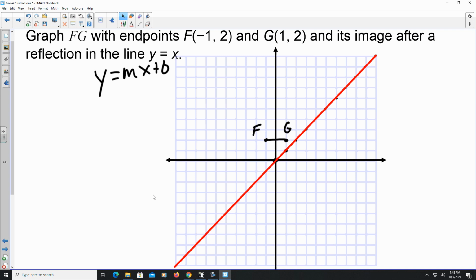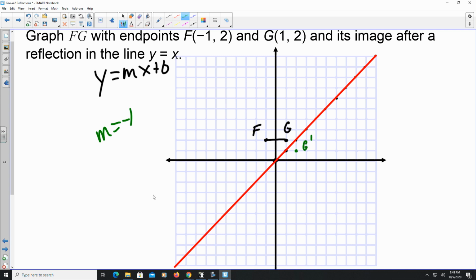Now, trying to find the reflection of F prime and G prime, we need to find things that are perpendicular. So since this slope was 1, we are going to use a slope of negative 1 to solve these. If I went down 1, to the right 1, that would get me G prime.